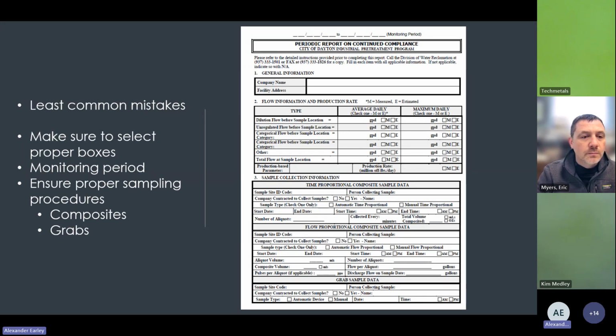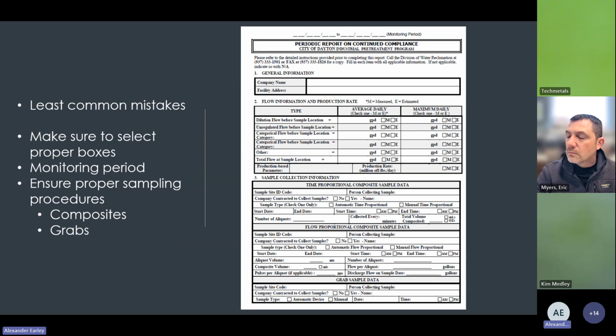Most of the industries, you do an excellent job of filling this out. The biggest thing that we come across on here is to make sure that you fill out the monitoring period correctly with the proper sampling time, what the date range is of that. Another big thing is down at the bottom where it says time proportional, flow proportional, or grabs.